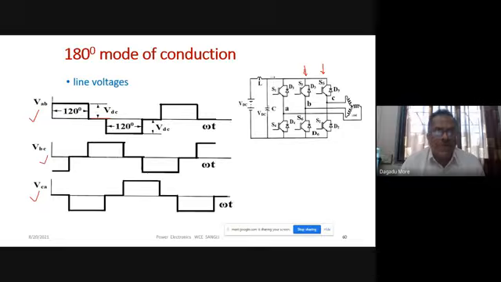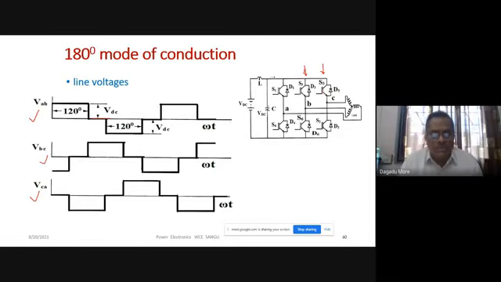From this we can say, which parameter can we change? Can we change the frequency, or can we change the phase sequence? If I change the switching signals of these two legs, which parameter can I change?